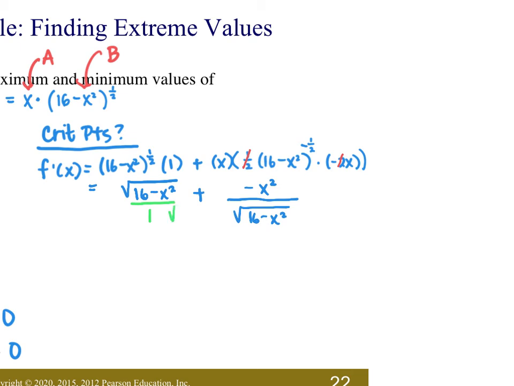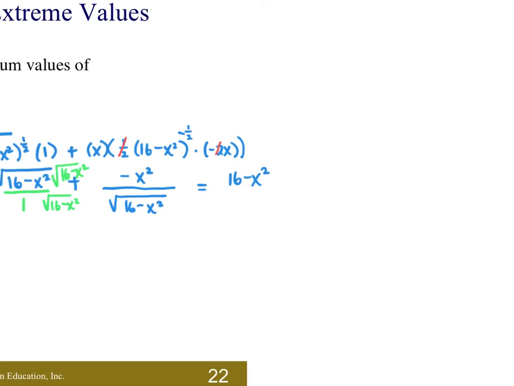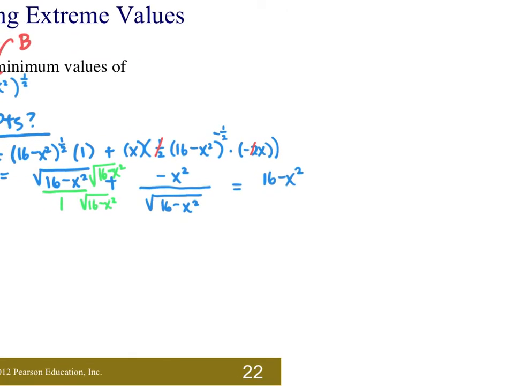And so I'm going to multiply by rad 16 minus x squared on the top and bottom. So that will give me 16 minus x squared in the numerator plus another -x squared, and the common denominator is rad 16 minus x squared.